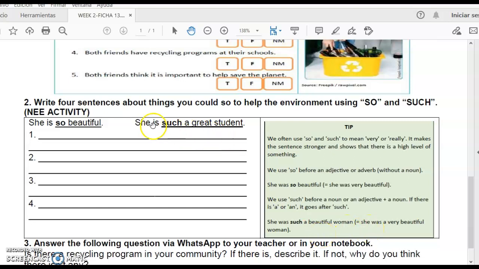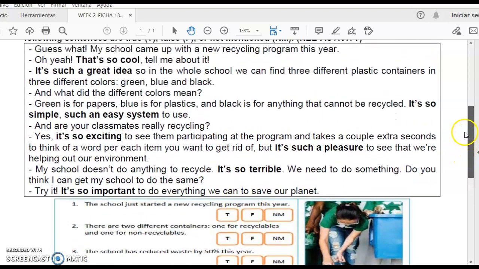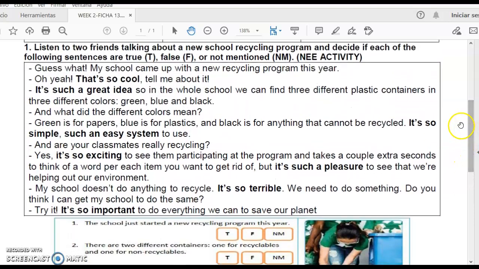Look at the example. She is such a great student. Great is an adjective. Student is a noun. So before that you have to use a. She is such a great student. Or maybe another example. Let's see over here. Such an easy system.